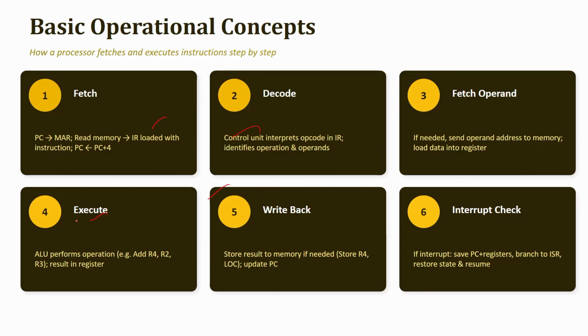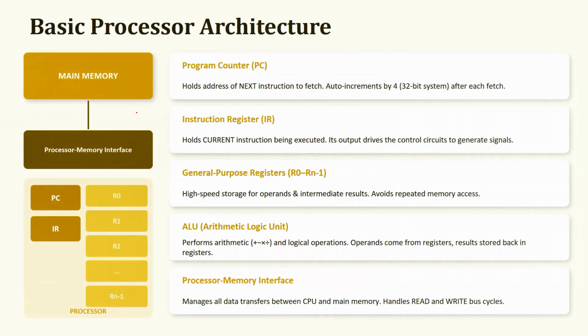According to these six basic operational steps, we are going to see how an instruction is executed in the processor, and how a processor fetches and executes an instruction step by step. The first step is the fetch. Here the processor fetches the instruction from the main memory, since in the previous video we saw the processor is interlinked with the main memory.